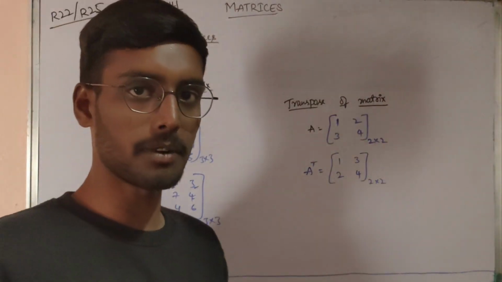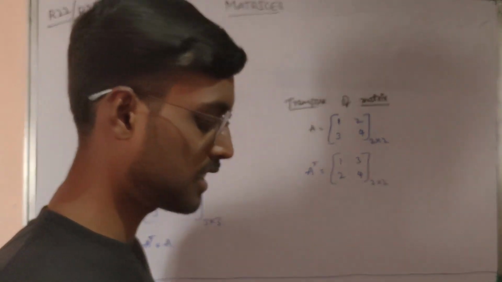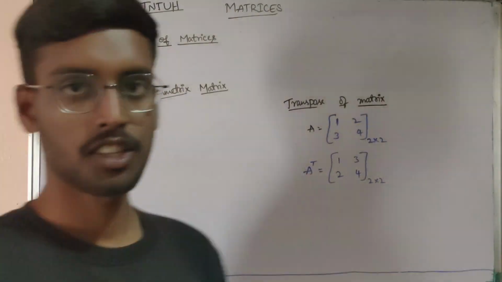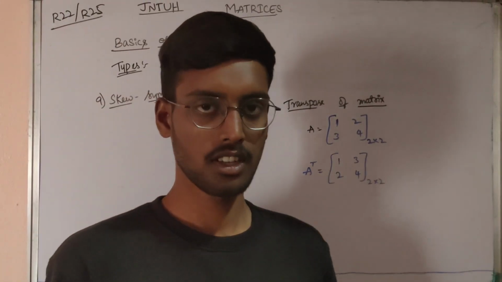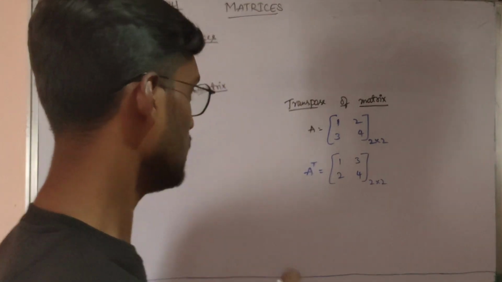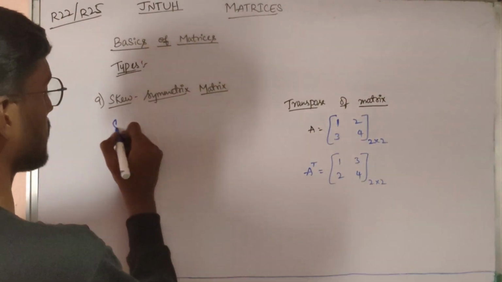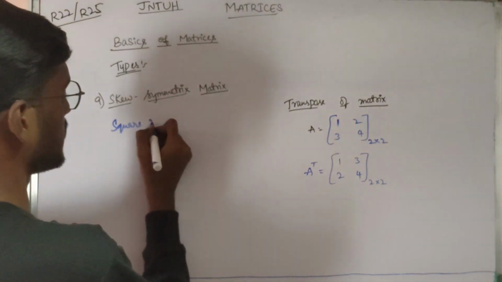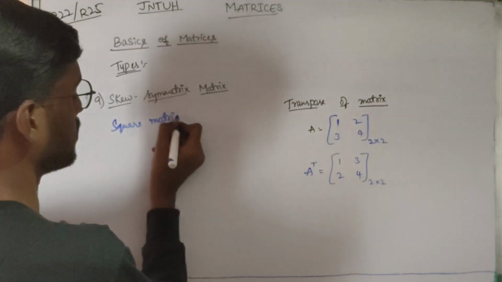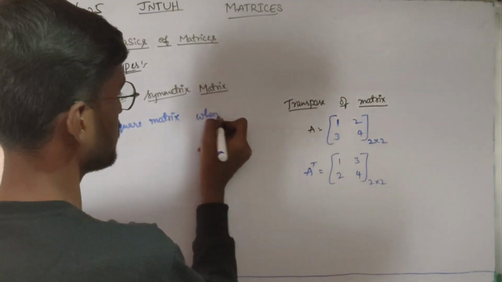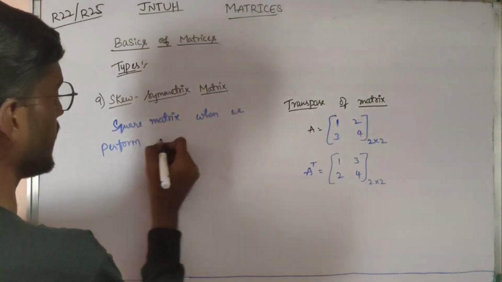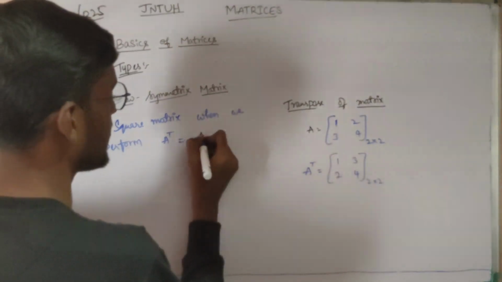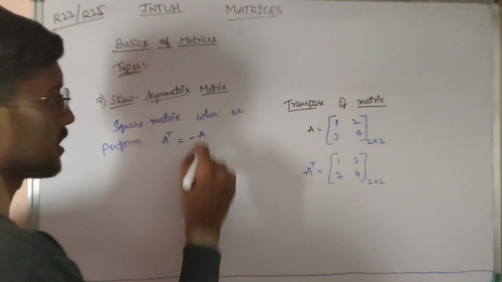Next coming to skew symmetric matrix. Skew symmetric matrix అంటే ఏంటి? Skew symmetric matrix అంటే same as a symmetric matrix but a small difference. Consider a square matrix. When we perform A transpose, we are getting minus A as the resultant.